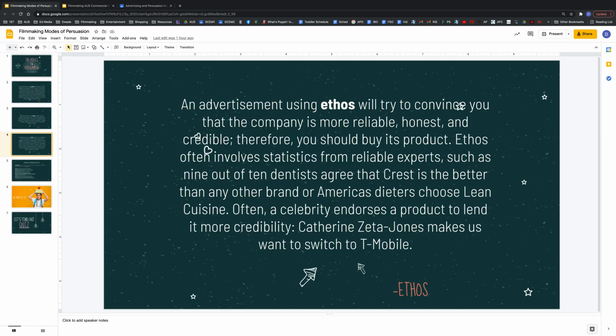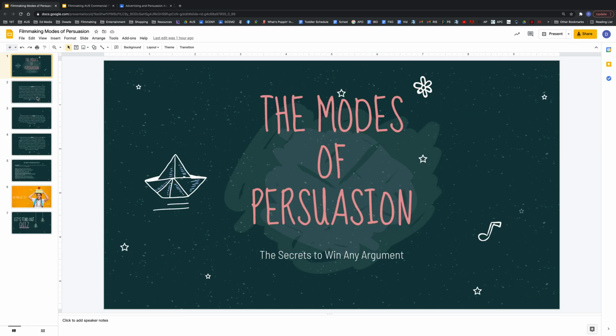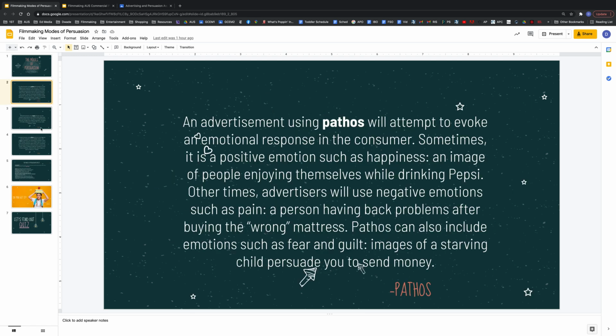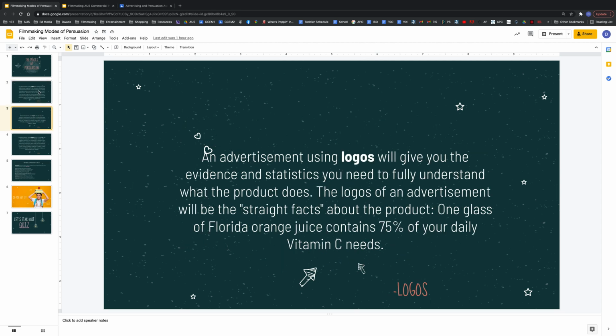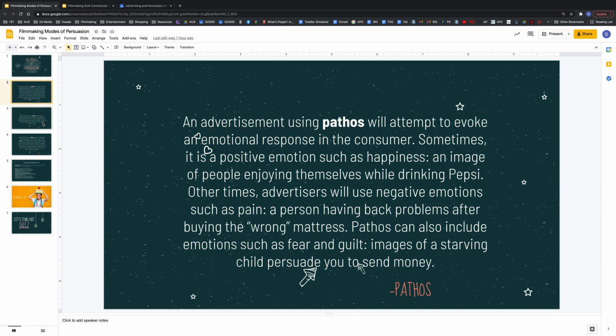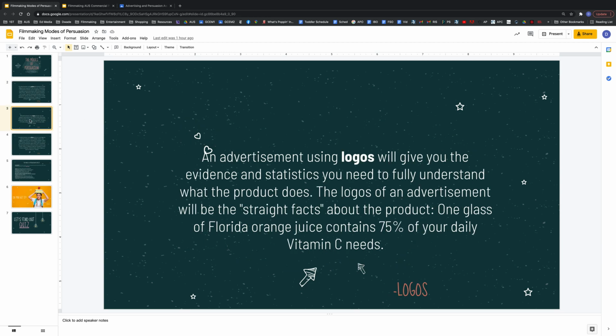This is the modes of persuasion, or how to win any argument. This is basically Aristotle's formula for successful rhetoric that can be broken down into 3 categories. Pathos is basically evoking emotion from the audience. Logos is using logic to argue a point, usually through scientific data or facts.